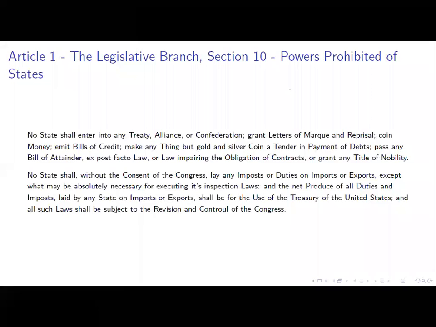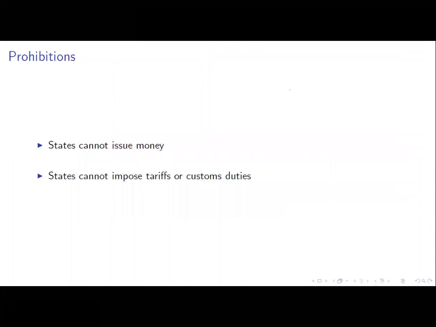And they're worried that the northern states are going to make it difficult to sell goods that are produced with slavery. So states can't issue money, and they can't impose tariffs or customs duties. Okay? That is going to go to the federal government.